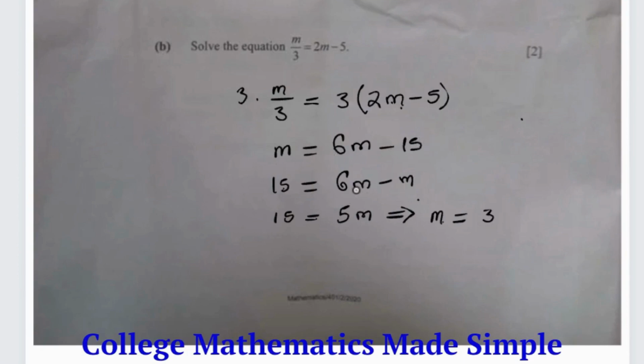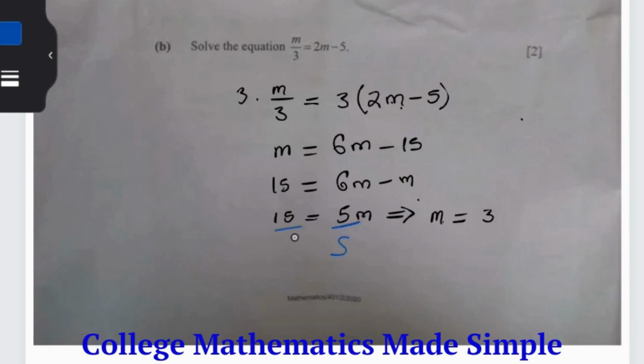So this is 6m minus m, which is 5m, and I add 15 to both sides so that I have 15 on this side and 0 on the other. So 15 is equal to 5m. Divide throughout by 5, so that m is equal to 3.